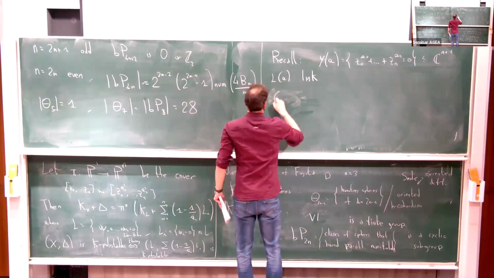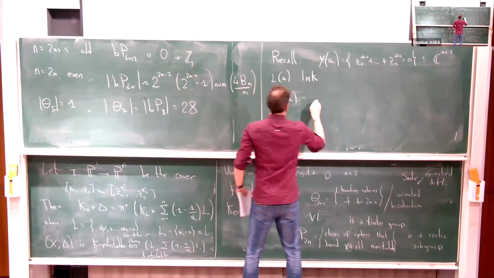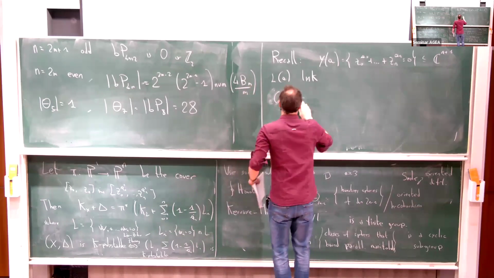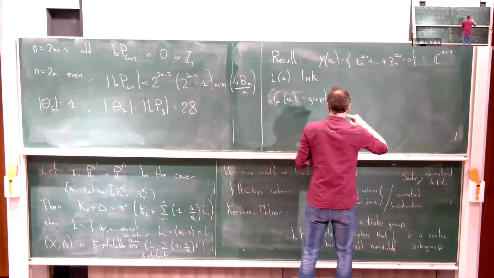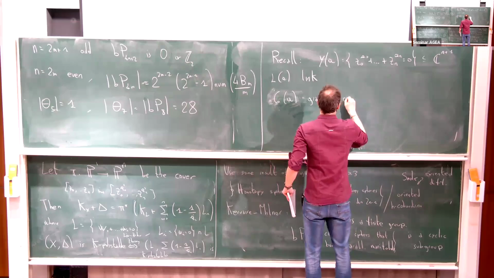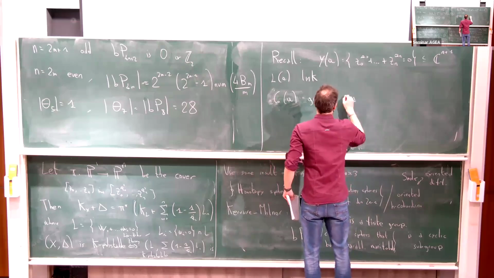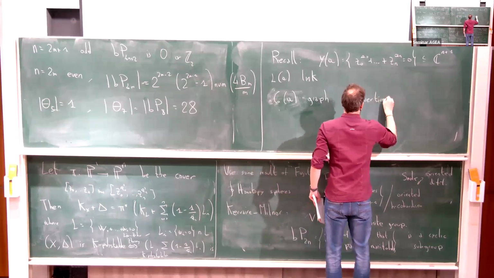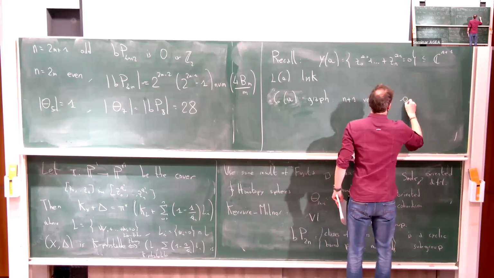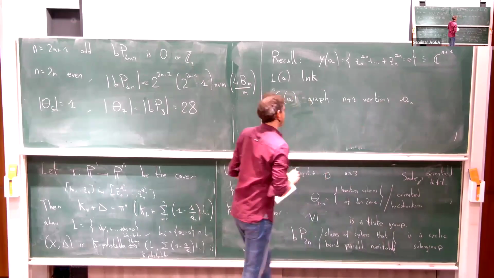So you consider the graph. GA is a graph with n+1 vertices labeled with these AI.